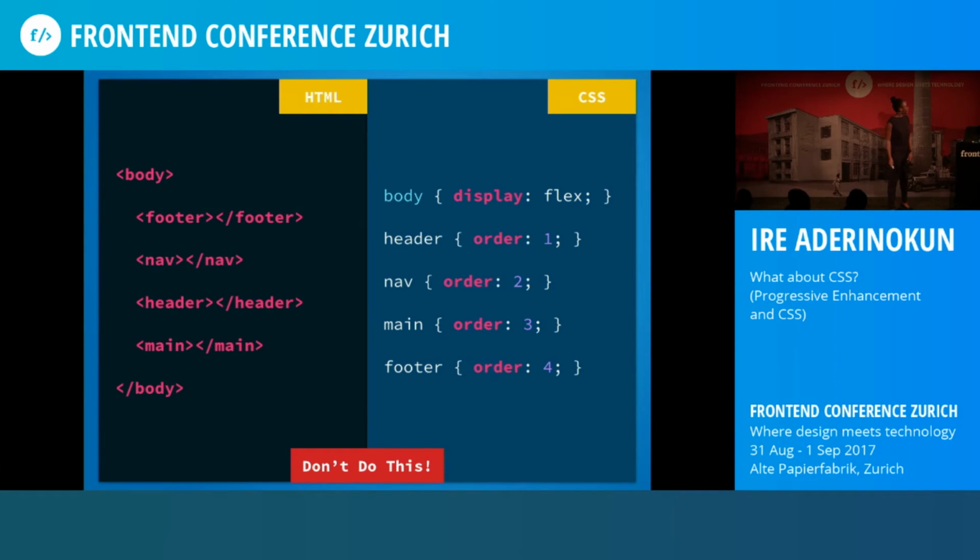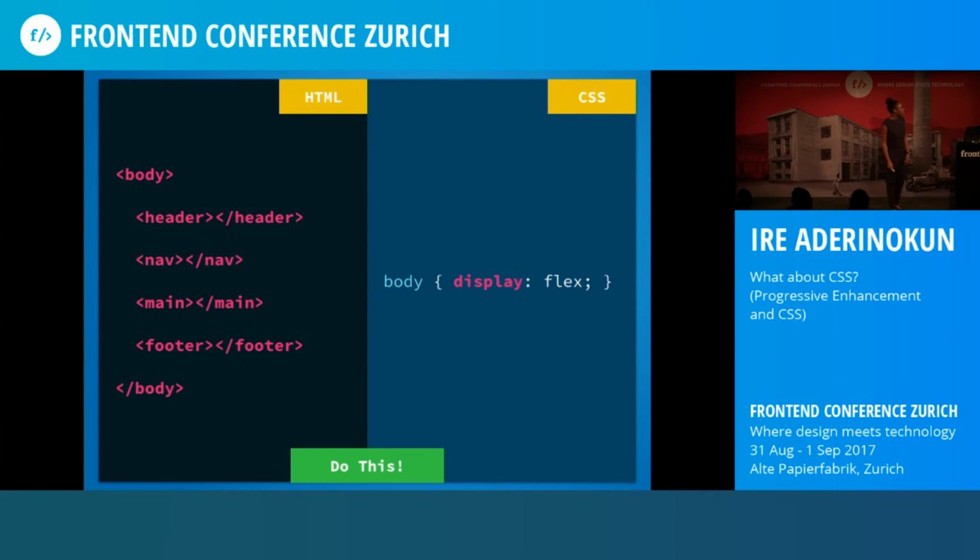With features like Flexbox, we can completely rearrange how things work. So if you wanted, you could have your markup be like this for whatever reason. I don't know why you would want to do that, but you can, and using CSS it would still appear to be normal. But it would make so much more sense to just have something that makes sense in your HTML, and that means you have to write so much less CSS as well.